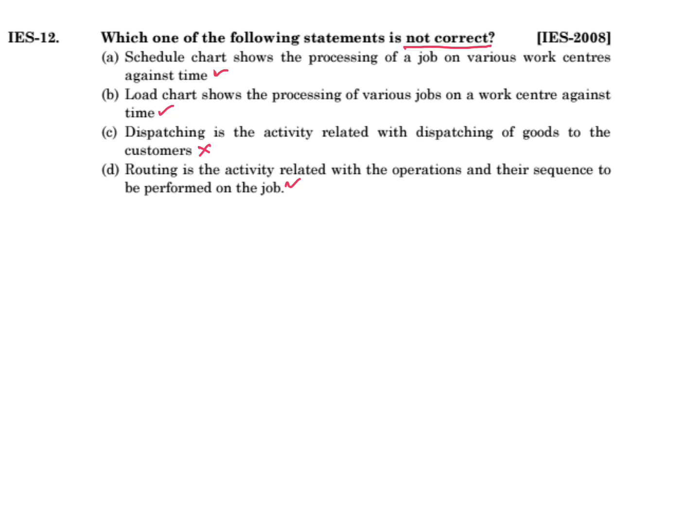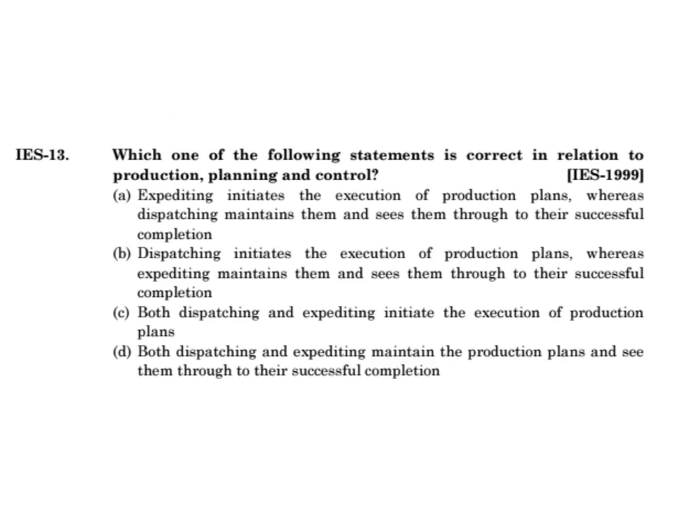Which one of the following statements is correct in relation to production planning and control? For PPC, expediting initiates the execution of production plan, no. Execution initiation, this is dispatching. So, not possible.